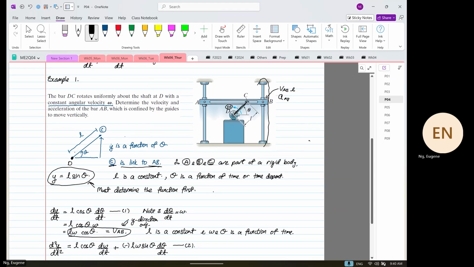This slider, did they call it a slider? The guides, right? And it specifies the guides only move in the what? Vertical direction only. We clear? Okay, so when to use this method is only for what? One direction. Are we clear? Absolute motion only. Okay.